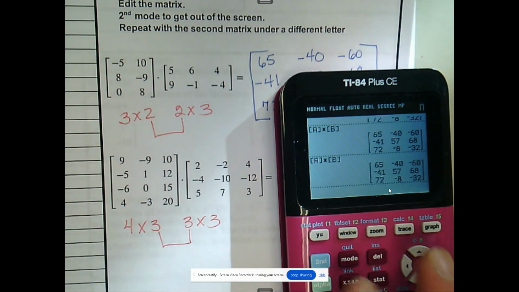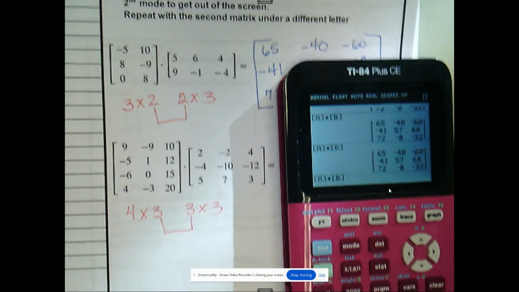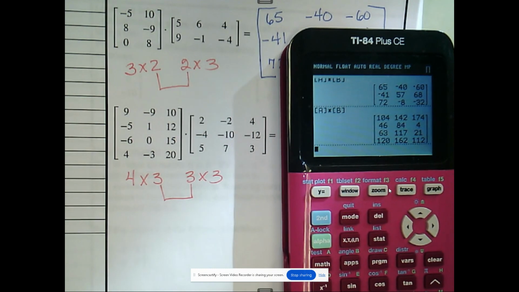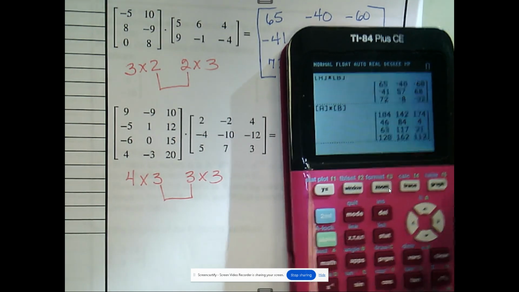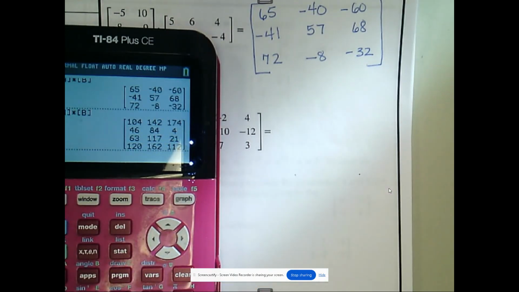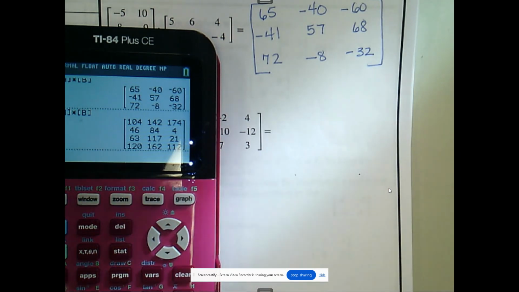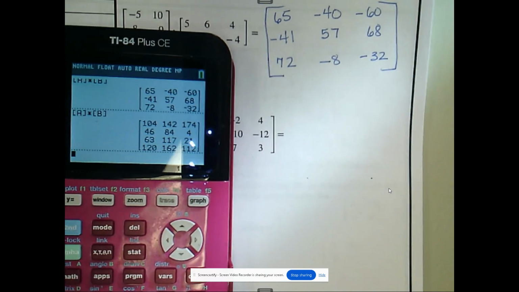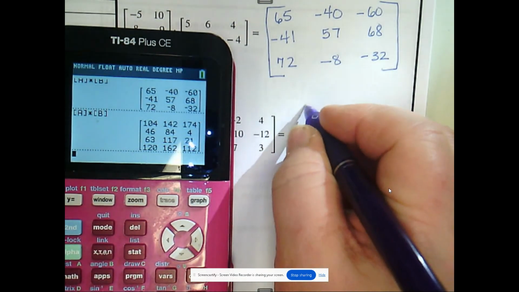Second mode, second enter. I've used the same ones again to multiply them, and here we go. So as you can see, it takes longer to put it into the calculator than it does to do the math.